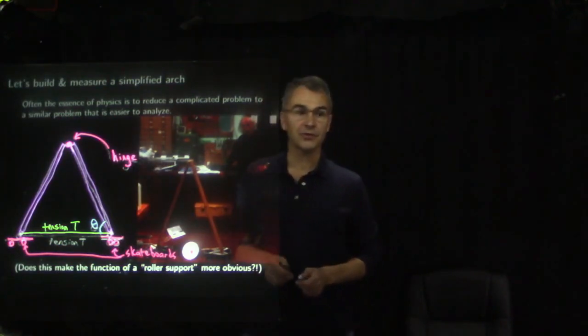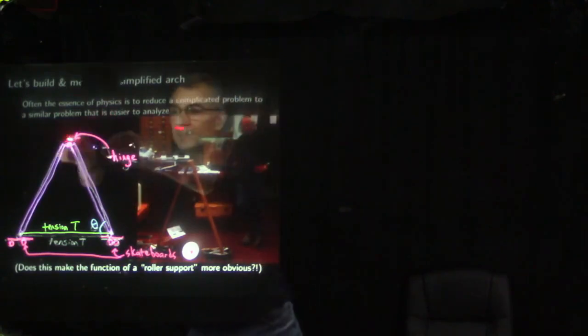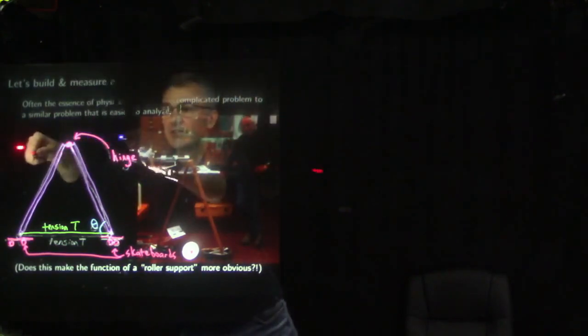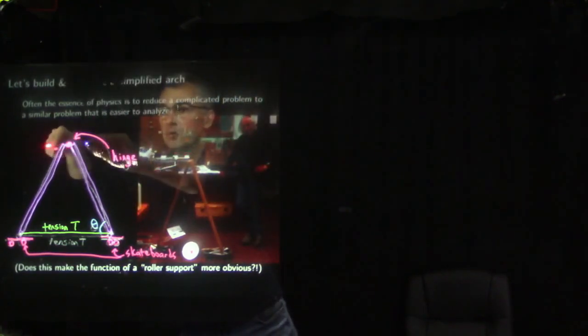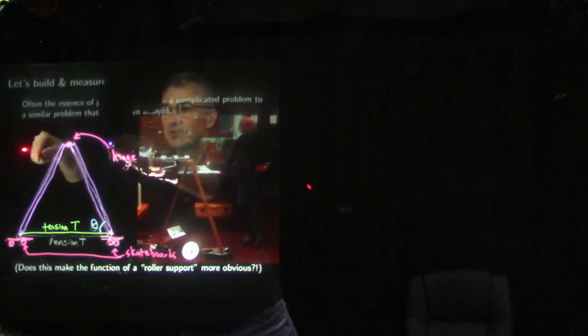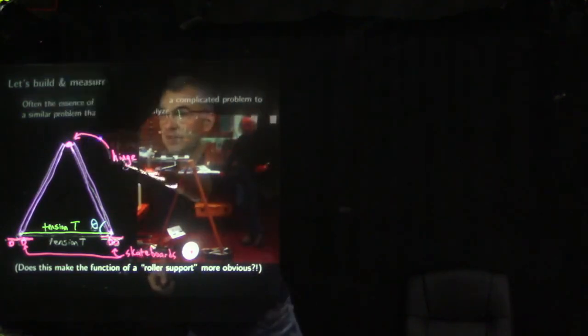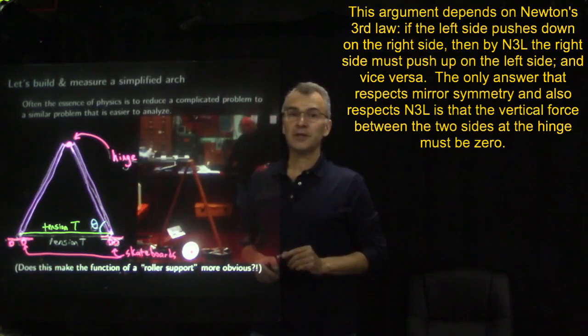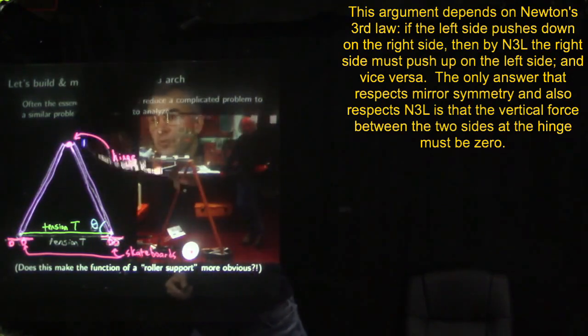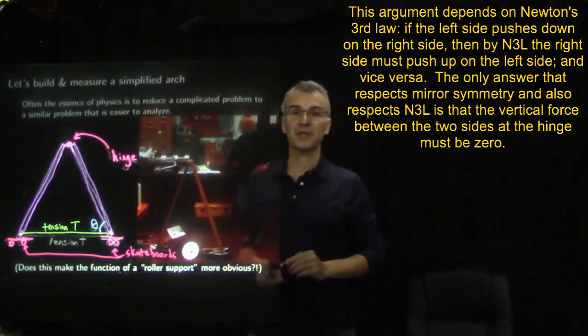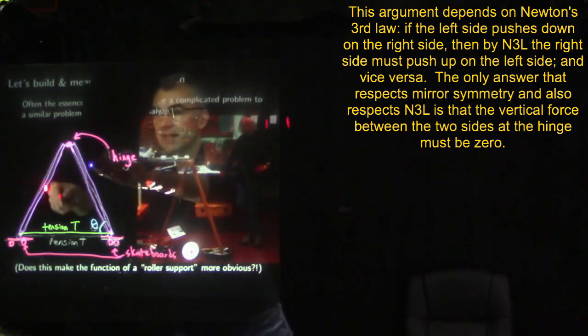Another trick you'll see us use when we exploit this symmetry is that it is possible for the left and right sides of this arch to be pushing toward each other or away from one another. So a horizontal force by this hinge is certainly possible, not just possible, but really mandatory, because the horizontal force by this hinge will somehow oppose this tension. But we can argue by symmetry that there's no vertical force exerted by one side of this arch on the other. For example, imagine that the right side is pushing down on the left side.